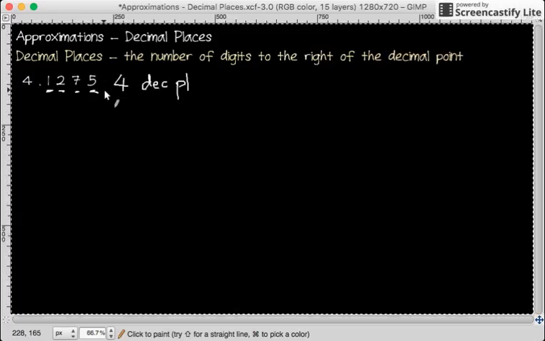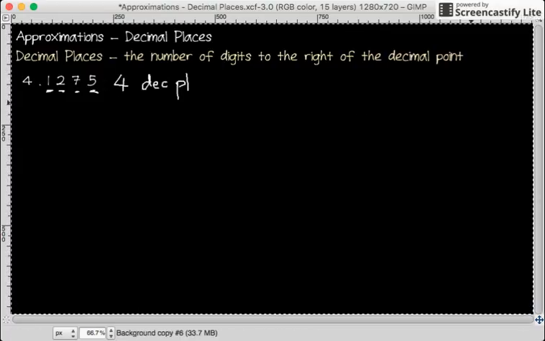Now, when we approximate or round to a number of decimal places, instead of using all those 4 decimal places when we talk about the number, we're just going to use a much shortened version. Let's say, for example, we're talking about dollars and cents. Normally, we're going to be rounding just to the last 2 decimal places. So let's approximate this number to 2 decimal places.